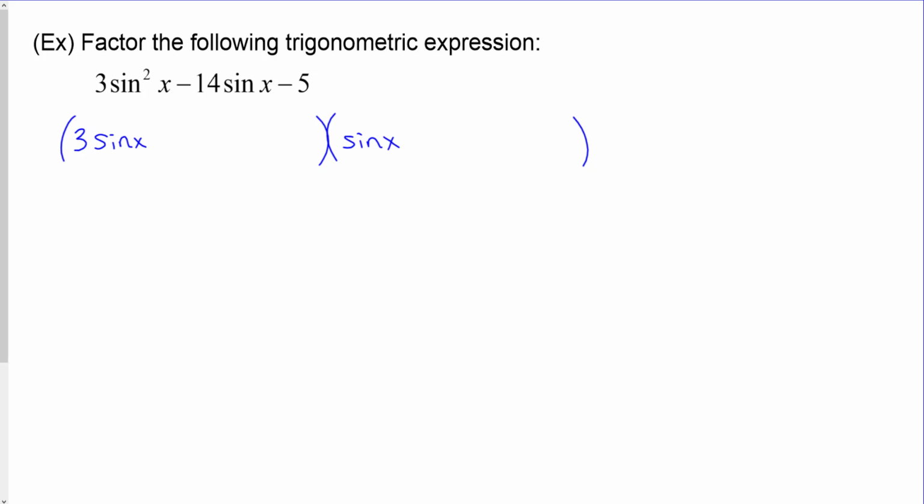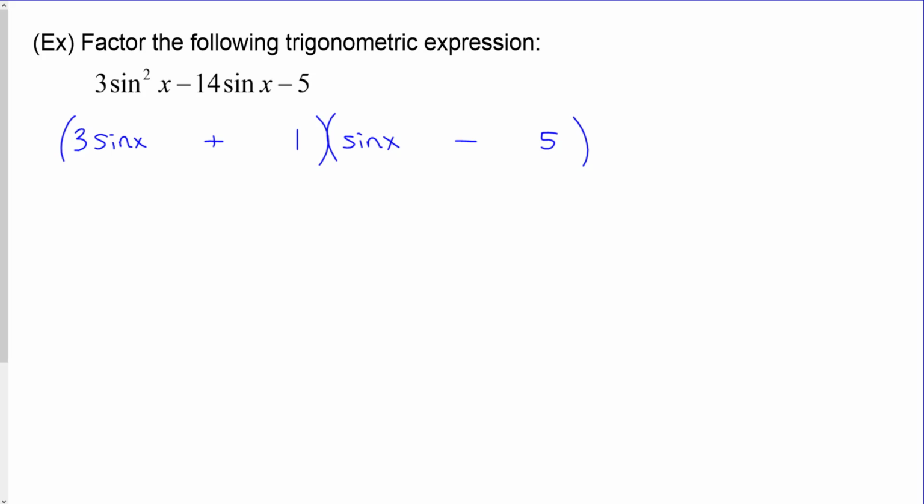And then you need two things that would multiply to -5. So 5 and 1 would work. And since I need to get the middle term to 14, I'm going to put the 5 so that it multiplies against the 3. And I think that will work, as long as the 5 is negative and the 1 is positive.